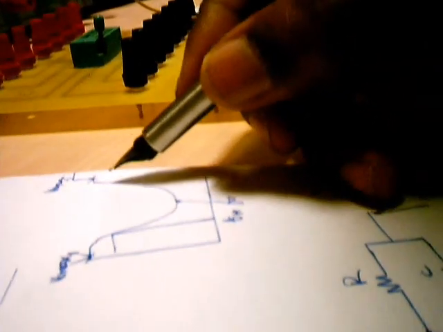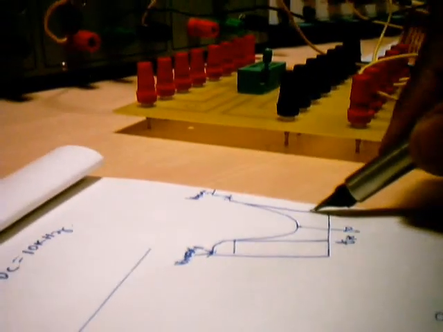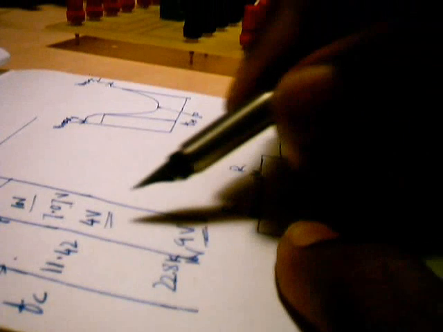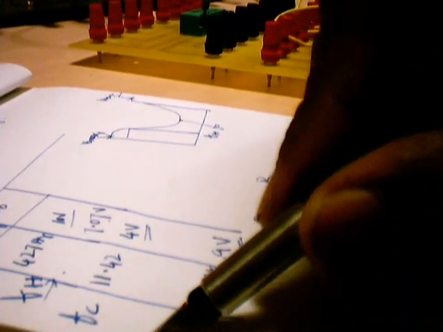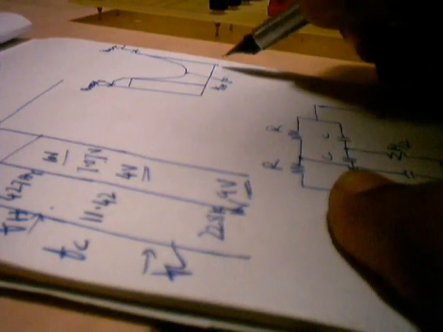That's it, this is the other passband. Now let us again find one more frequency corresponding to 0.707 of this 9 volt, which is 0.707 into 9. So the frequency corresponding to that happens to be the FL.